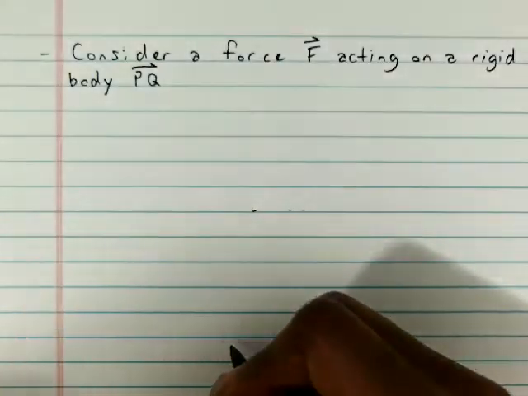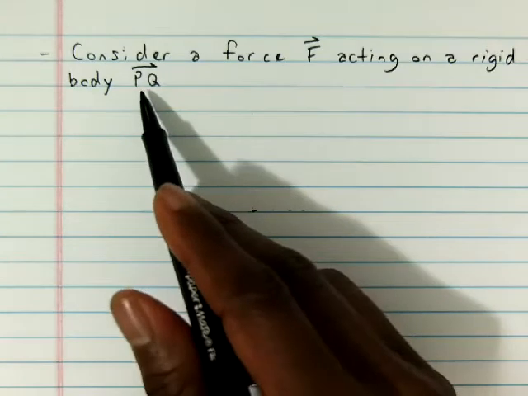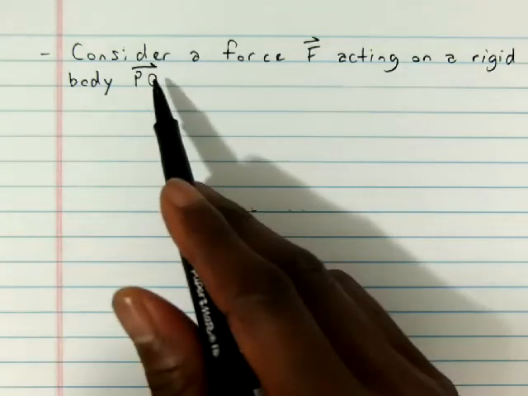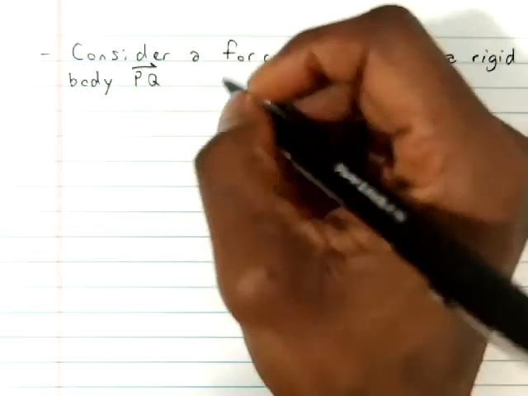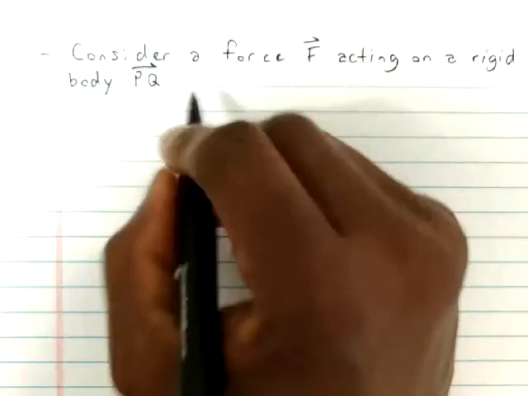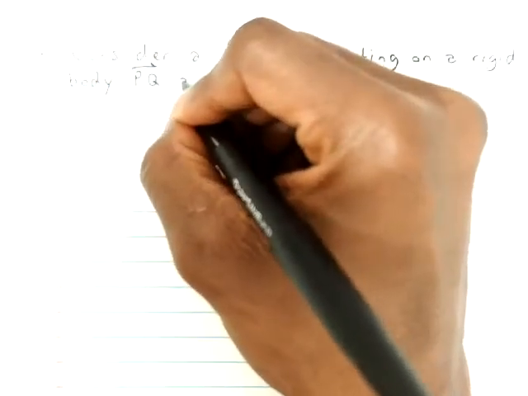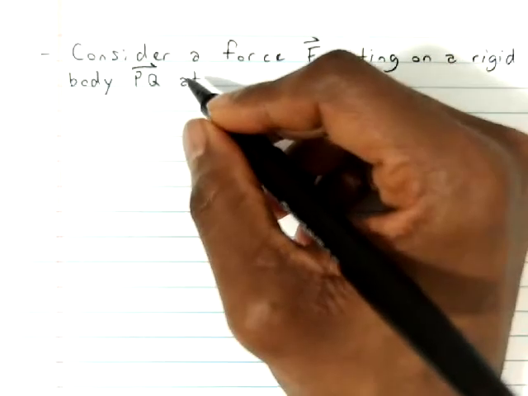Our rigid body would just be represented by a directed line segment. Now the force is going to act either at P or Q. The way we set this up, we set up the force acting at the endpoint Q.